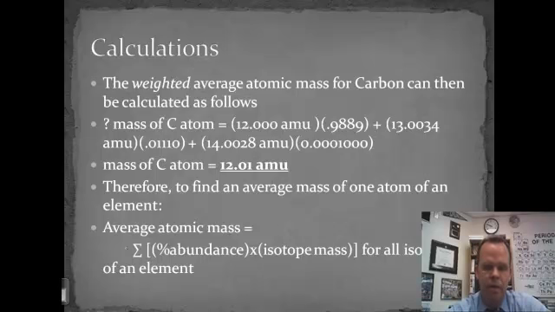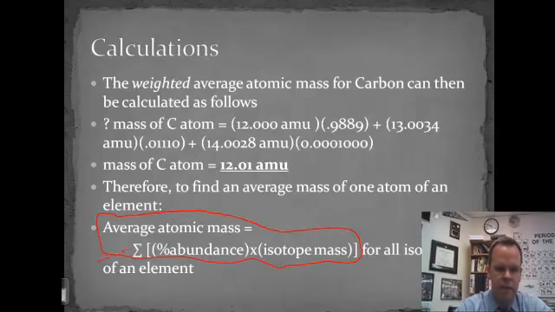Add those 3 multiplications together, and you get 12.01 AMU, which is what you find on the periodic table. So the general formula is listed down here at the bottom. The average atomic mass is the sum of, and this symbol here, sigma, means sum of, the percent abundance times the mass of the isotope.